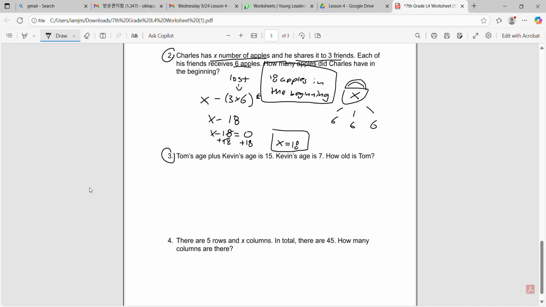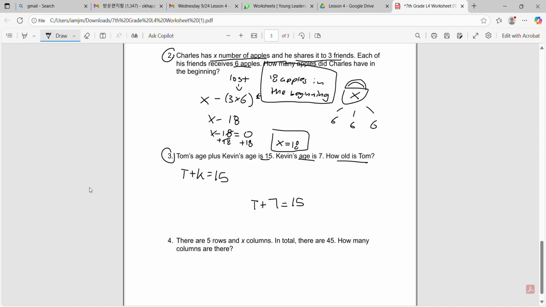Okay, let's move on to number 3. Tom's age plus Kevin's age is 15. Kevin is 7. How old is Tom? So we'll use T for Tom. Tom plus, we know how old Kevin is, so we'll substitute K with 7, equals 15.